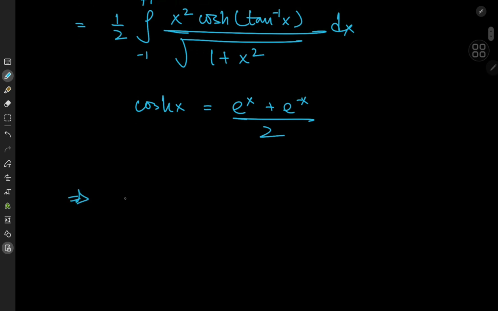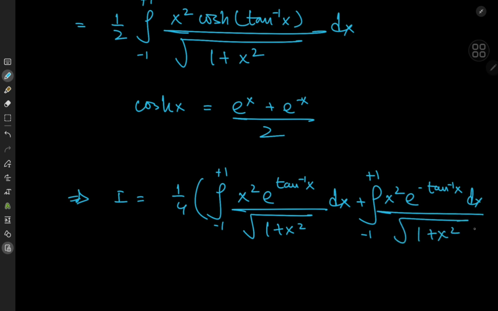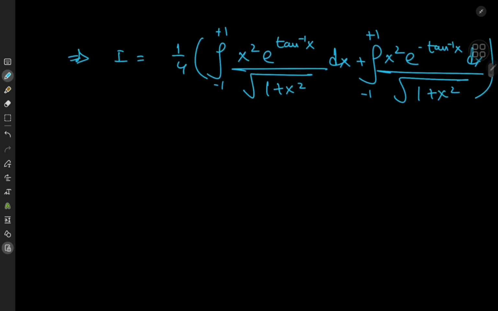So that means the target integral I is a quarter of the integral from negative to positive 1 of x squared times e to the inverse tangent of x divided by the square root of 1 plus x squared dx, plus the integral from negative to positive 1 of x squared times e to the negative inverse tangent of x dx divided by square root 1 plus x squared. Okay, cool. So I'm going to call this integral here I sub 1 and this one here I sub 2.